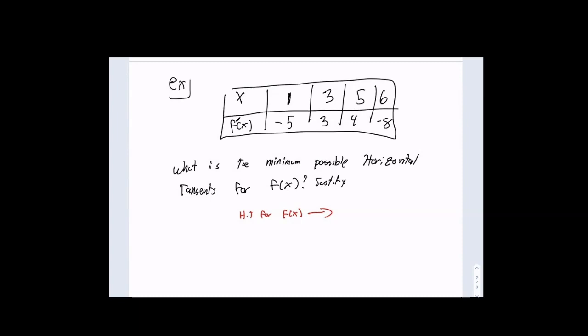I've hinted at it in the last couple of minutes. When you see horizontal tangent for f, you must think what? You have to decode this. This is the biggest part in terms of passing the AP exam. If you don't know what to do, you can't do it. Everything that I can teach you, the problem's not going to say use IVT. The problem's not going to always tell you exactly the information. So what does it mean by a horizontal tangent for f of x? It has to be able to click.